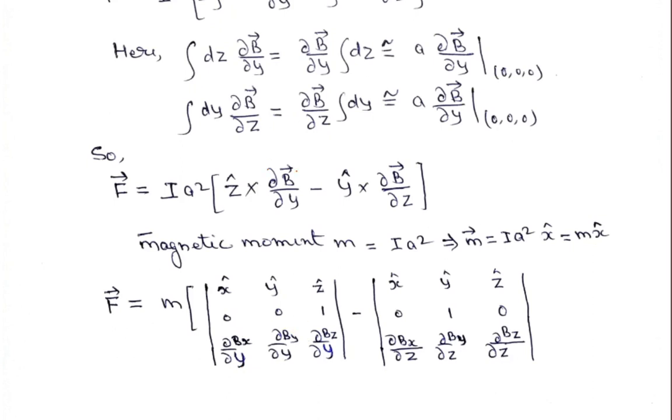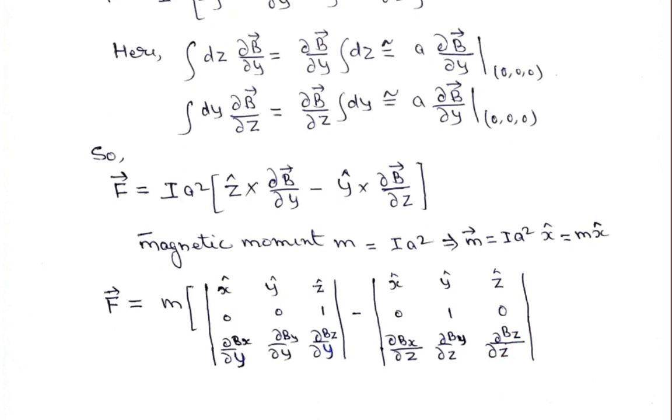So we have kept the components of the magnetic field. Similarly, for the minus y term: x unit vector, y unit vector, z unit vector, where x and z are 0 and y unit vector is 1, and the b components bx, by, bz, that is del bx upon del z, del by upon del z, del bz upon del z.